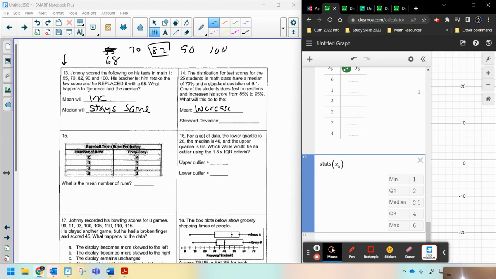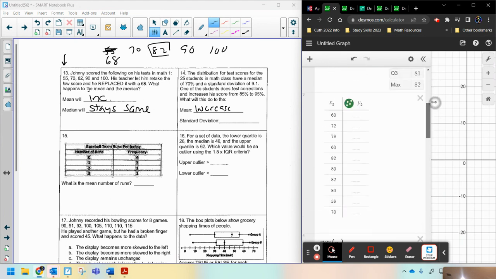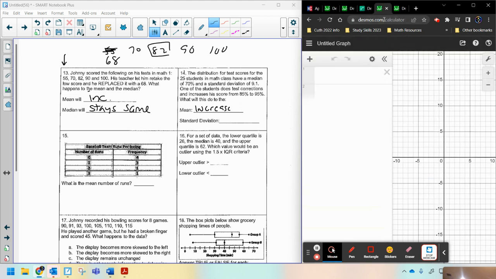All right, let's throw in these numbers and give it a check. Let's get some fresh Desmos numbers to put in. Oh, we don't have all these numbers. We're just asking what it will do. So the standard deviation is going to be 9.1.